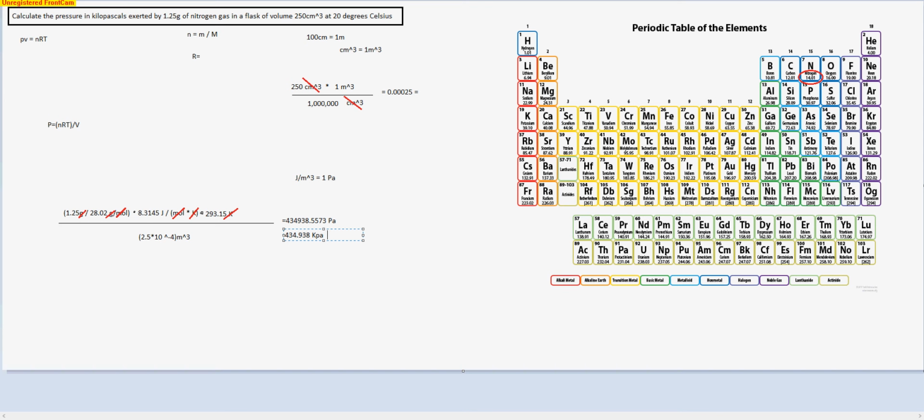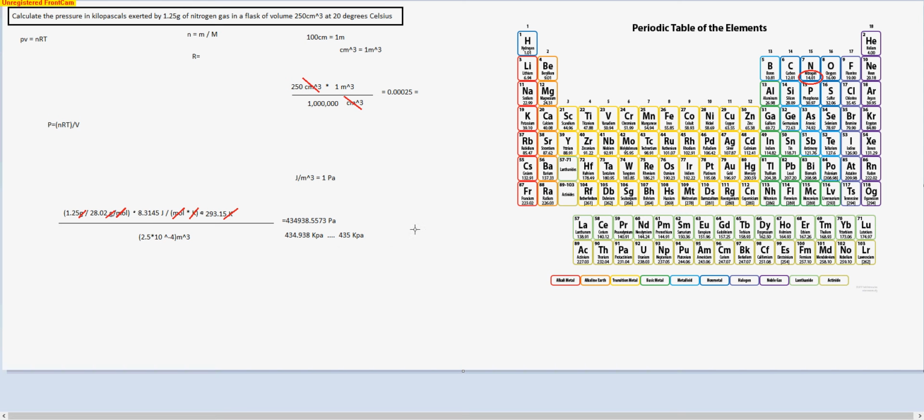And this rounds to 435 kPa. Alright, so that's our answer for this equation. So I hope that will help someone in the future, and this can be a little tricky. So thanks.